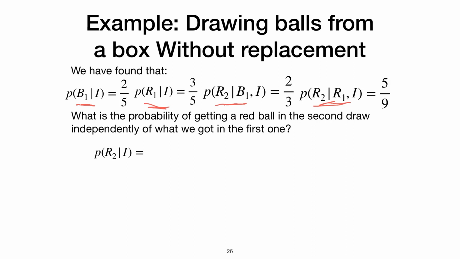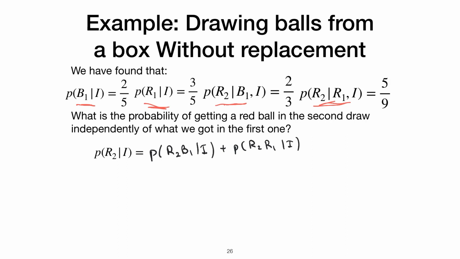So the way we're going to decompose this is using the sum rule, and here's how you do it. The probability of drawing a red ball in the second draw is the same as the probability of drawing a red ball right after a blue ball plus the probability of drawing a red ball right after a red ball.